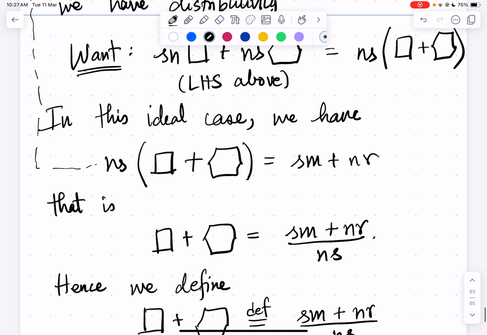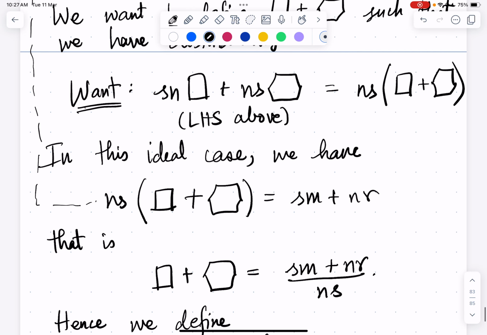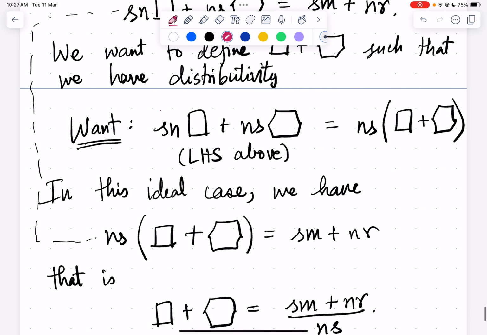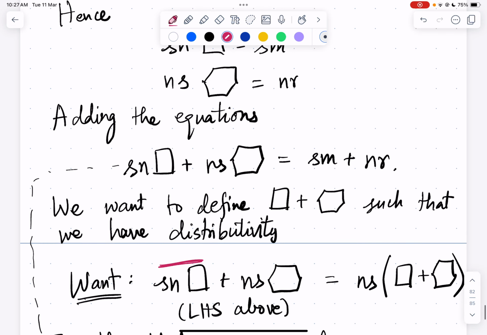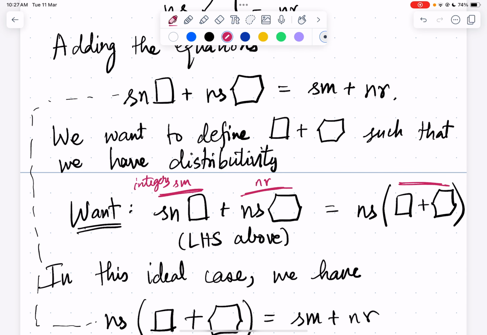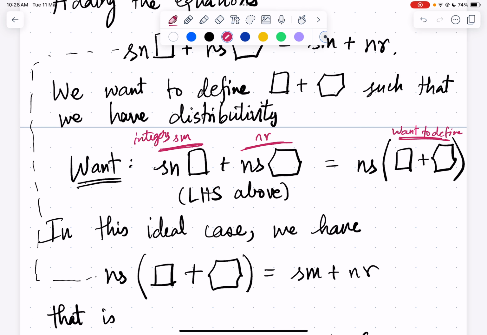So the above, wanting distributivity of addition, distributivity of multiplication of an integer. Note that sm is an integer, and nr is an integer. So both are integers, and we want to define the sum of these integers as ns times this point.